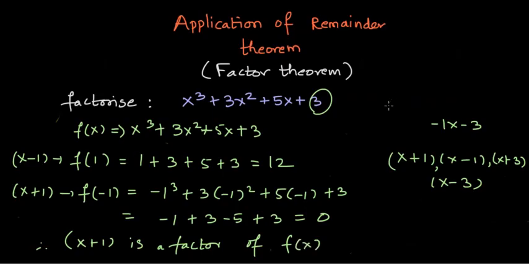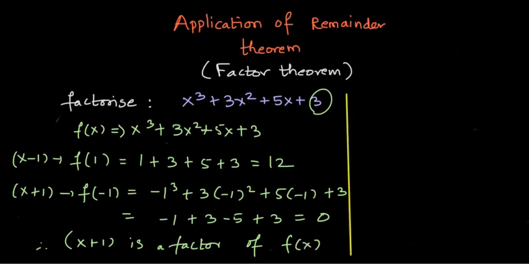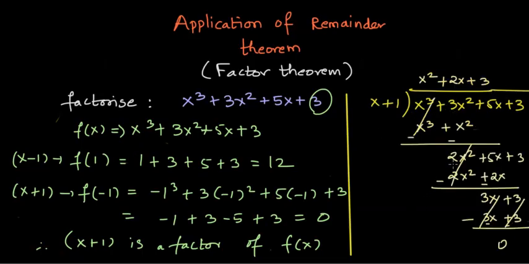And so now we know one of the factors, and now we can use long division to get the other factor. So to put long division in, we will write x cube plus 3x square plus 5x plus 3. And we won't go into detail, but we are going to divide this by x plus 1. Let's see what we get. And so after the long division, we get another factor, which is the quotient here, x square plus 2x plus 3.